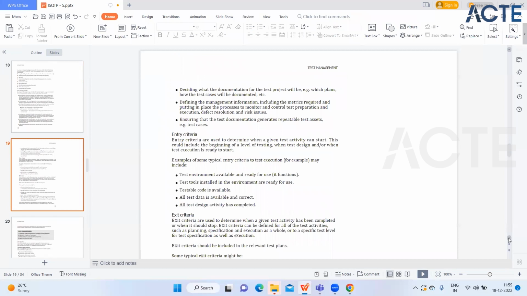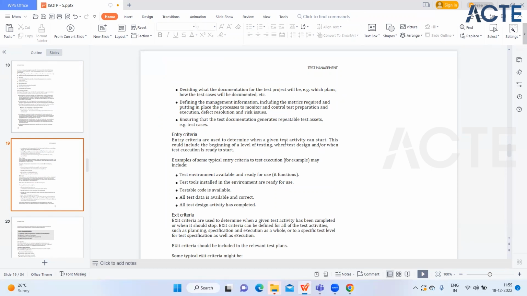Now, deciding what the documentation for the test project will be, for example, which plan, how the test cases will be documented, etc. Defining the management information, including the metrics required, and putting in place a process to monitor and control test preparation and execution, defect resolution, and risk issues.